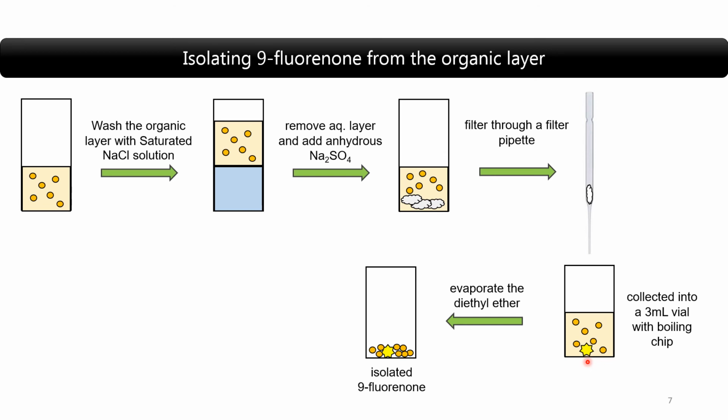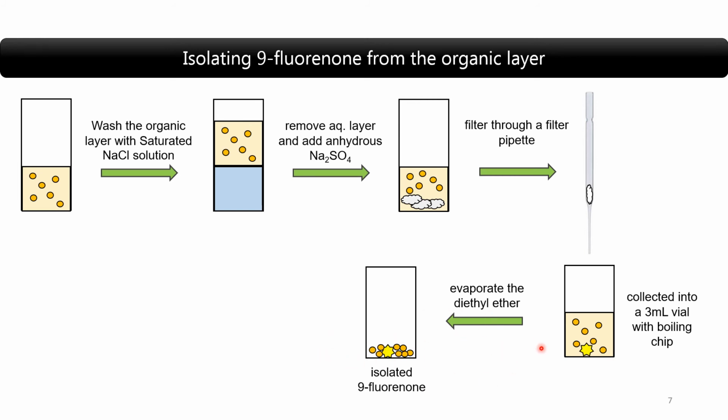So it prevents the solution from splashing around everywhere. We're going to heat it to a very low temperature. The boiling point of diethyl ether is very low, so it's quickly going to evaporate within a few minutes, and we will have the 9-fluorenone isolated at the bottom of the vial.